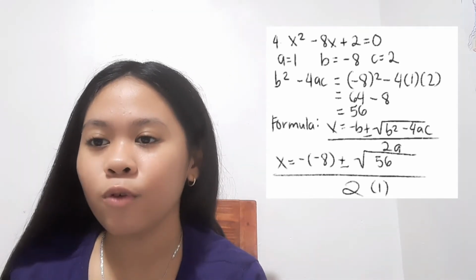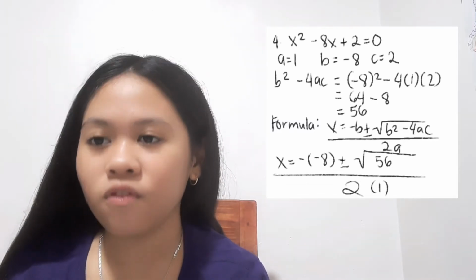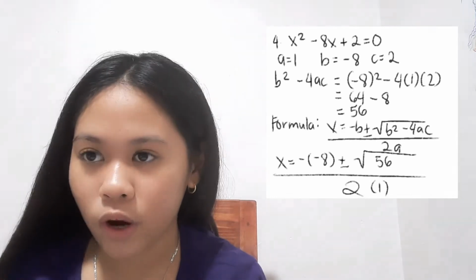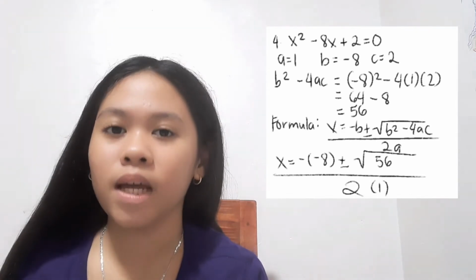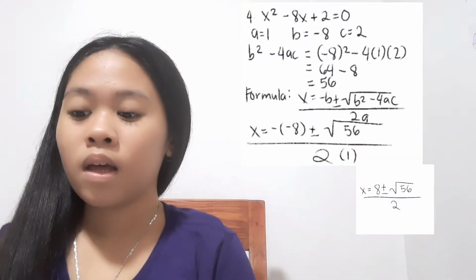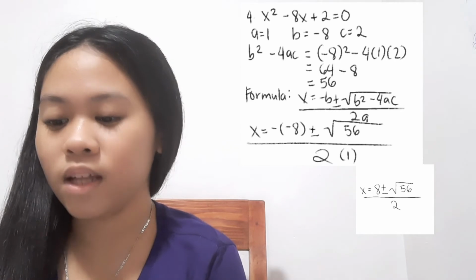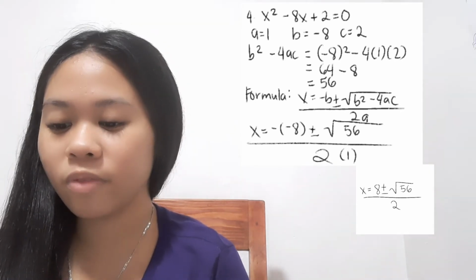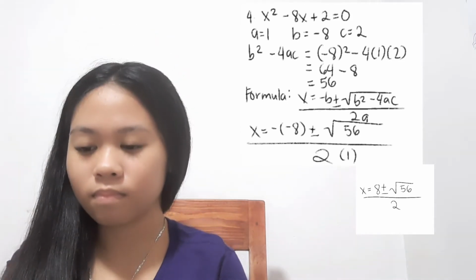Again, the formula for the quadratic formula is x equals negative b plus or minus the square root of b squared minus 4ac, all divided by 2a. And it will become x equals negative 8 plus or minus the square root of 56, all divided by 2.